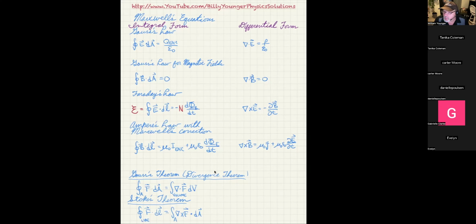A very common first test question would be state Maxwell's equations in integral form and state Maxwell's equations in differential form. Another one would be convert Gauss's law in integral form to Gauss's law in differential form, or vice versa. So those are all things that'll help you.